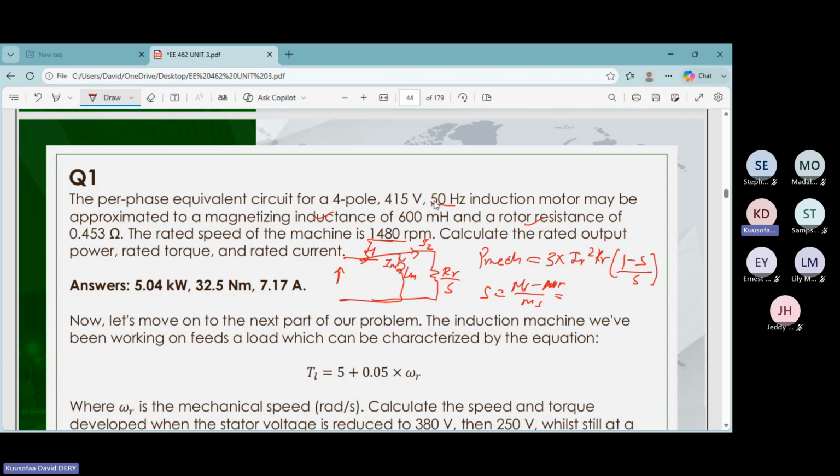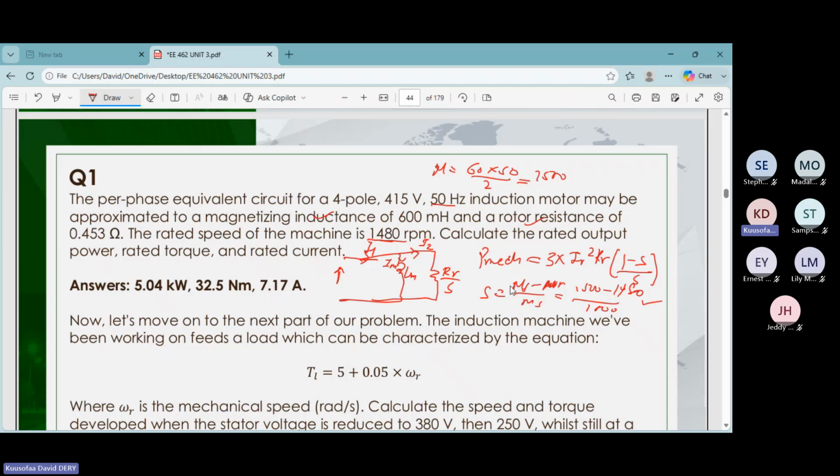The number of poles has been given, so ns is going to be 60 times 50 divided by 2, because the pole pairs is 2. This gives us 1,500. So you substitute (1,500 minus 1,480) over 1,500. This gives us the slip. So now we know the slip.